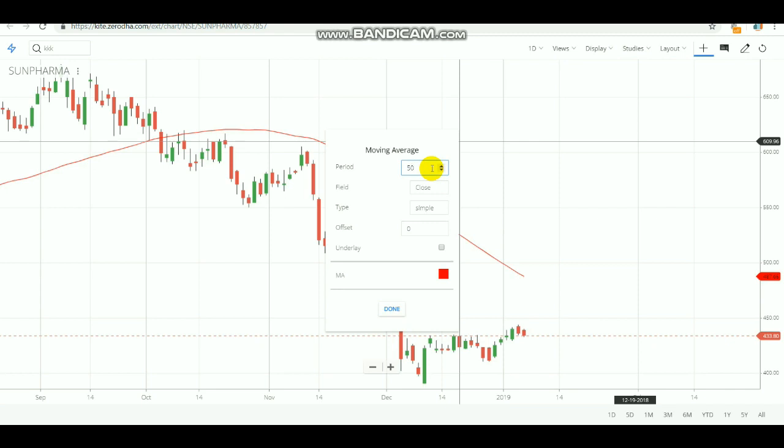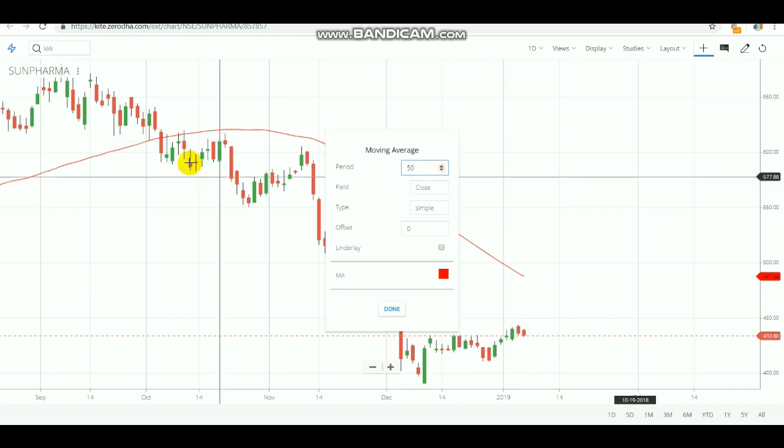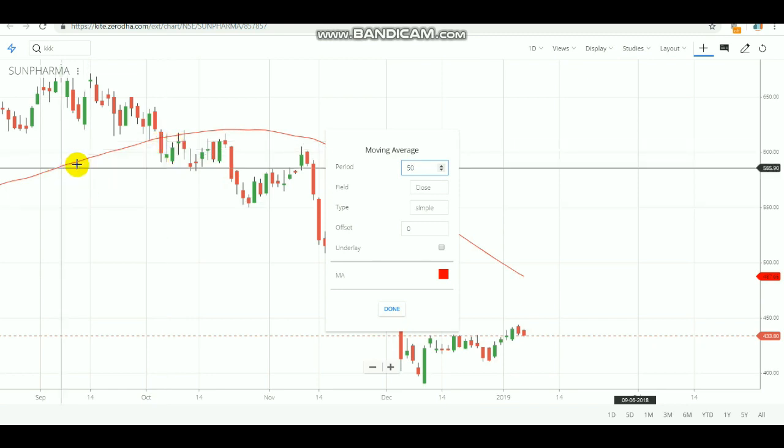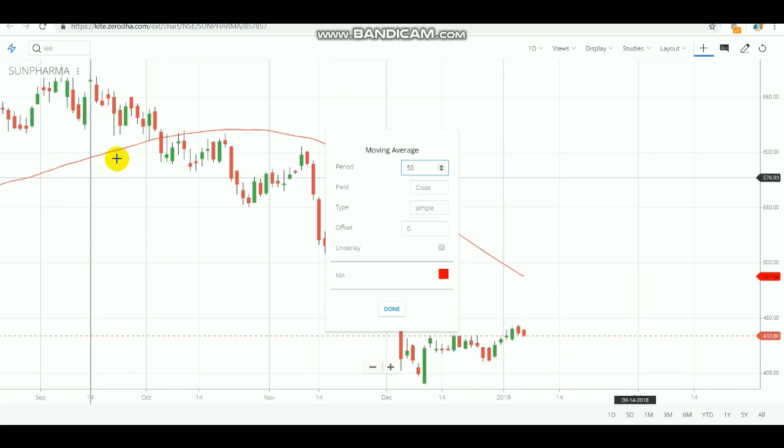Everyone knows about the moving average. Moving average is nothing but an average of the candlesticks, and this background line you can see now is the line chart which is drawn along with the candlesticks, and it will move along. We are going to use it and see the entries and the exits.